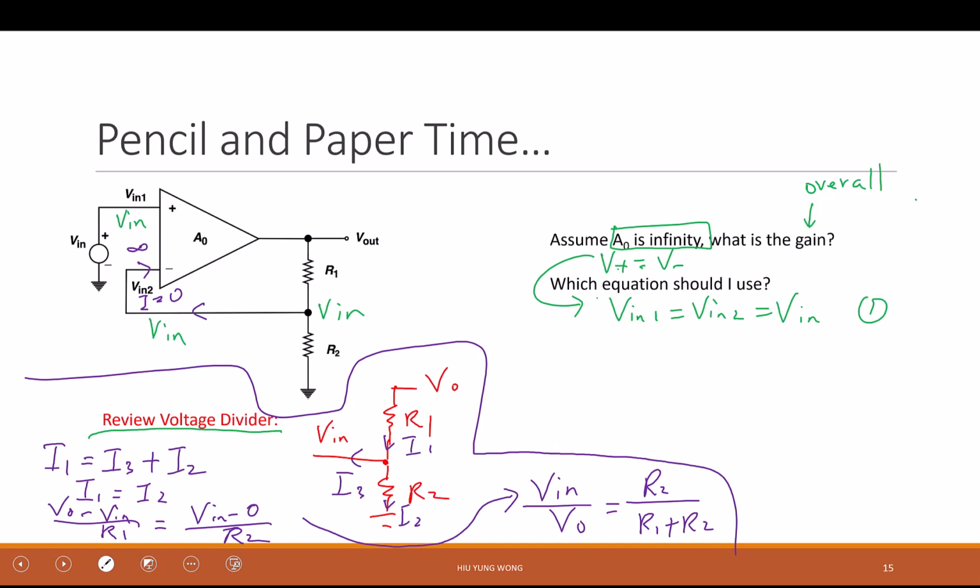So remember what assumptions you are making. With this, I know this is the gain already. From here, V out divided by V in equals R1 plus R2 divided by R2, which is 1 plus R1 divided by R2.